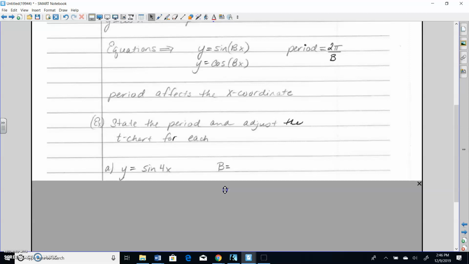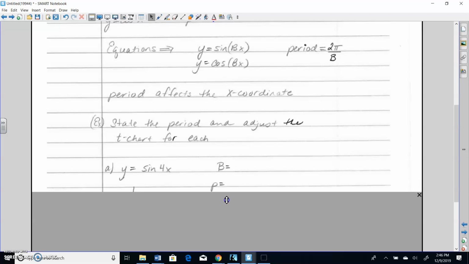Okay, so our first equation is y equals the sine of 4x. We are going to first determine what b is, and then identify the period, and then we're going to adjust our t-chart.